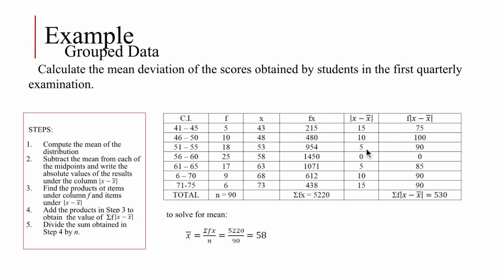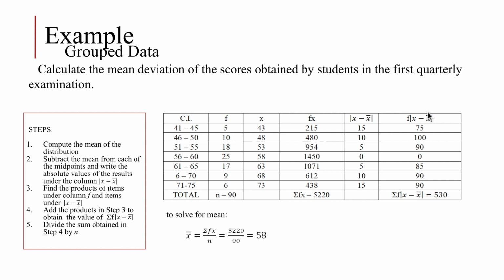The absolute value of negative 5 is 5. 58 minus 58 is 0. 63 minus 58 is positive 5. The absolute value of positive 5 is still 5. 68 minus 58 is positive 10. The absolute value of positive 10 is still 10. 73 minus 58 is 15. The absolute value of 15 is still 15.